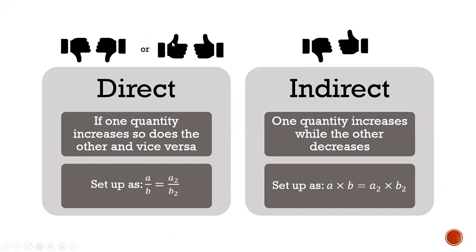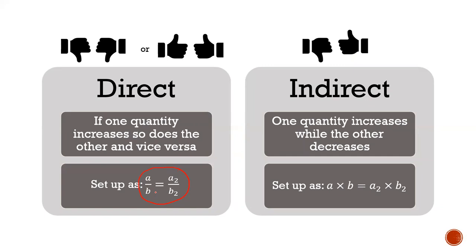Or if one quantity increases and the other quantity increases, then you know you have a direct relationship. So they're both moving in the same direction. When you have a direct relationship, we set up our ratios like two fractions, equal to each other, with this fraction or division line.